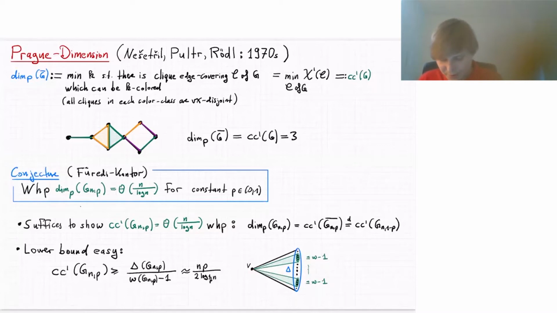Because together with this vertex, this would form a clique of size omega. So every clique of size omega can eat up at most omega minus 1 vertices in the neighborhood of v. So that means that no matter what you do, in order to cover all these edges, you always need to have at least delta over omega minus 1 many colors. Otherwise, you cannot find a valid coloring of this clique cover, right?